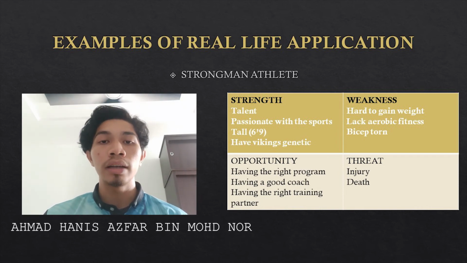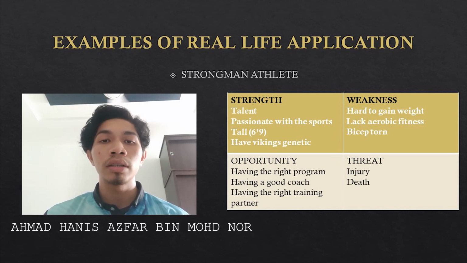So now that we have analyzed the opportunities, we're going to next analyze the potential threats for the strongman athlete. For example, the strongman athlete would have a potential injury during the competition, which is common during the competition, because it would cause stress to the muscle.